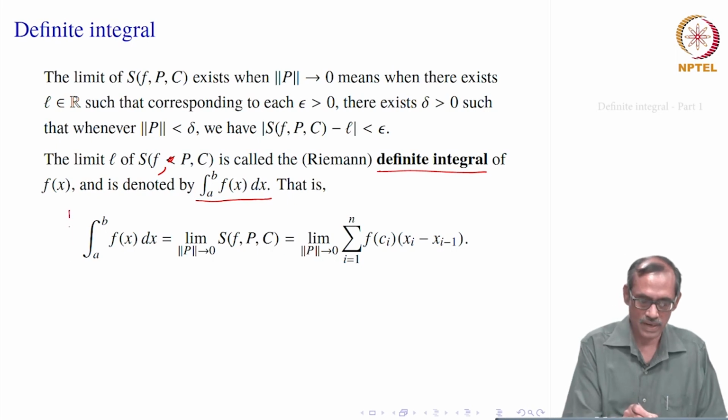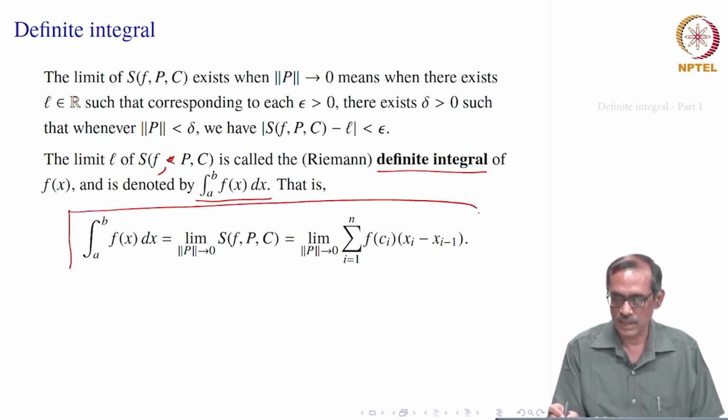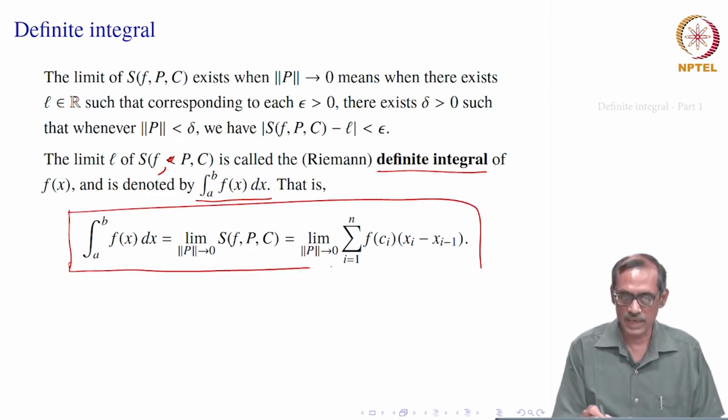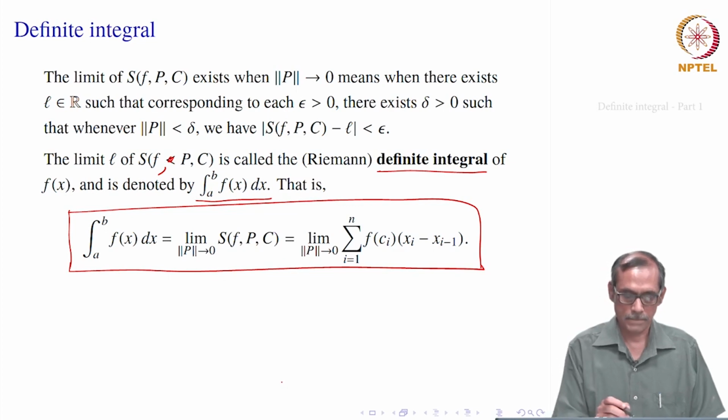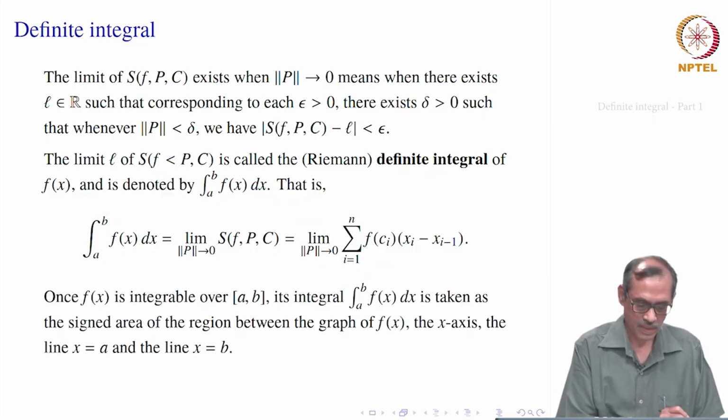This is our definition of the integral, which is actually the area under the curve y equals f(x), the lines x equals a, x equals b, and the x axis. In fact, this is the signed area, but we will come to it.